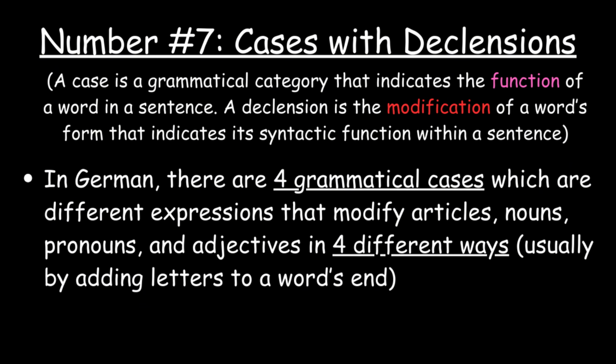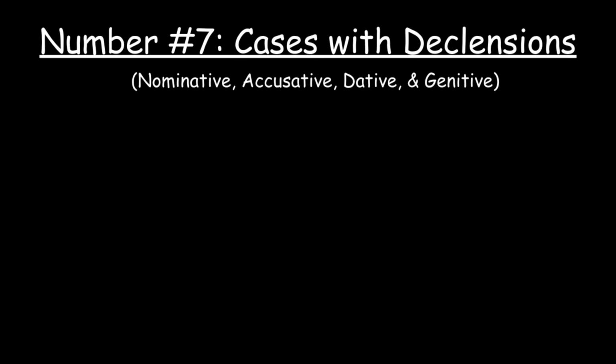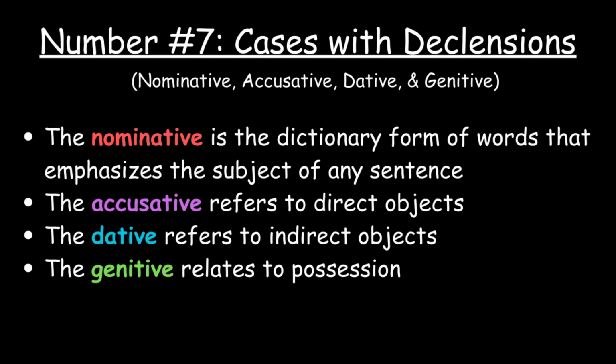German has 4 different types of expressions, with each one making a new way to modify an article, noun, pronoun, or adjective, usually by adding letters to a word's end. German has the following 4 cases: nominative, accusative, dative, genitive. The nominative is the dictionary form of words that emphasizes the subject of any sentence.